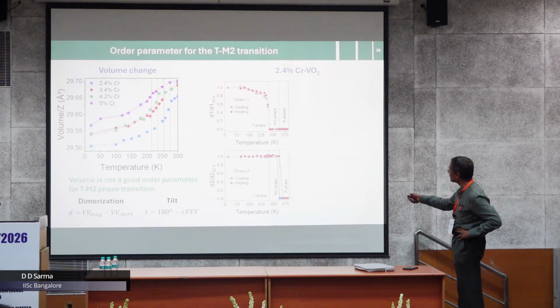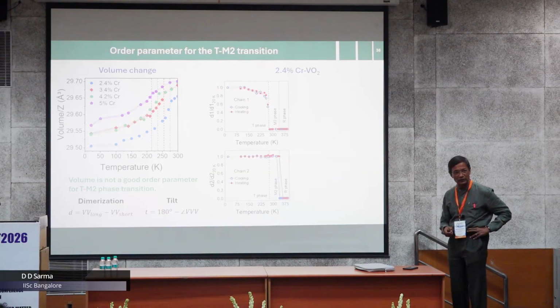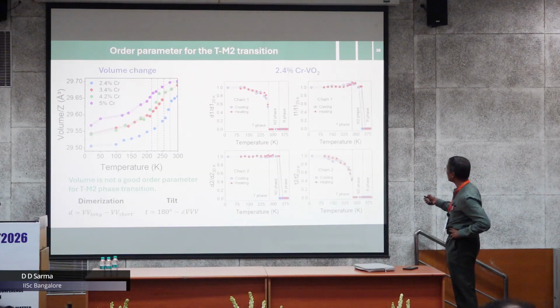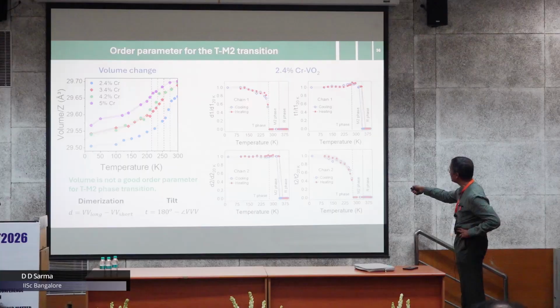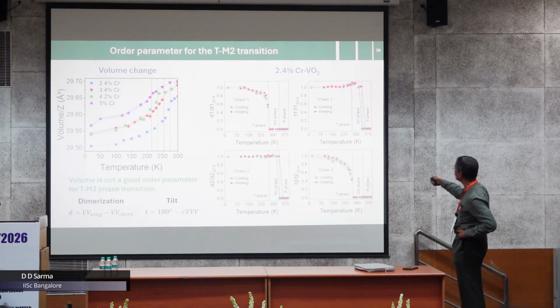You can see that the dimerization of chain 1 vanishes at the T to M2 phase transition, but the dimerization of chain 2 vanishes only at the M2 to R transition. Whereas the tilt of the same chain 1 now survives up to beyond this T to M2 transition, goes away only at the M2 to R transition, and the reverse happened for chain 2.